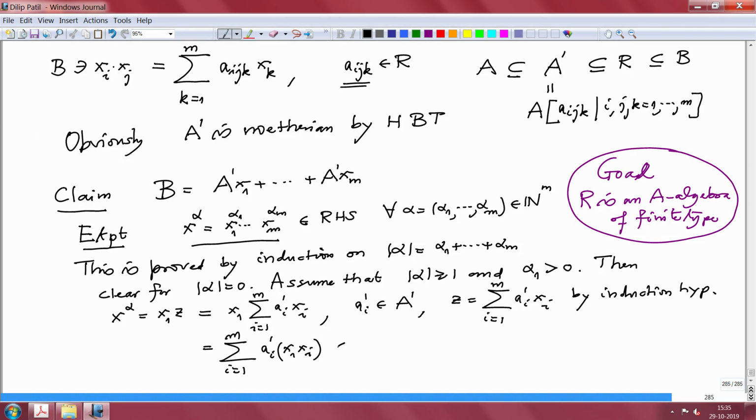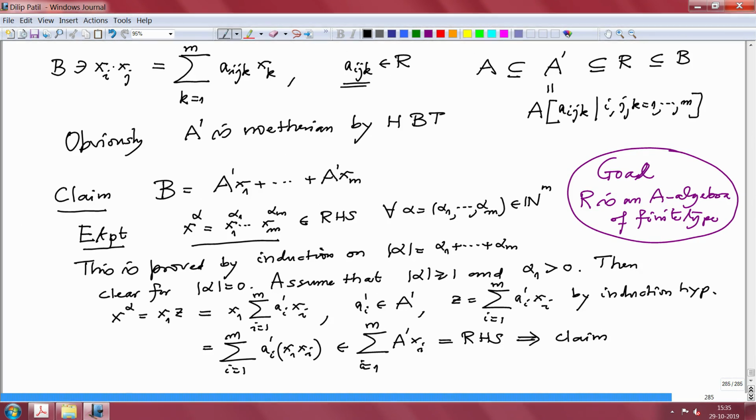So this clearly belongs to the summation i from 1 to m of A prime xi, which is the RHS. So that implies the claim, this claim that B is generated by this.